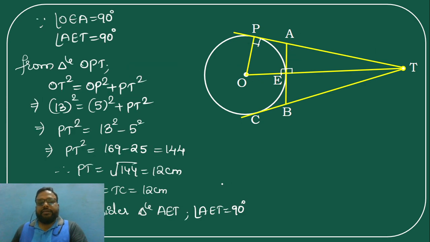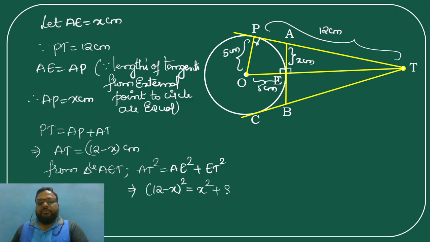Already we got ET as 8 centimeters. So 8 square. So (12 minus X) whole square, using the (a minus b) whole square formula: 12 square, 144, plus X square minus 2ab, 2 into 12 into X, 24X, is equal to X square plus 64, right?